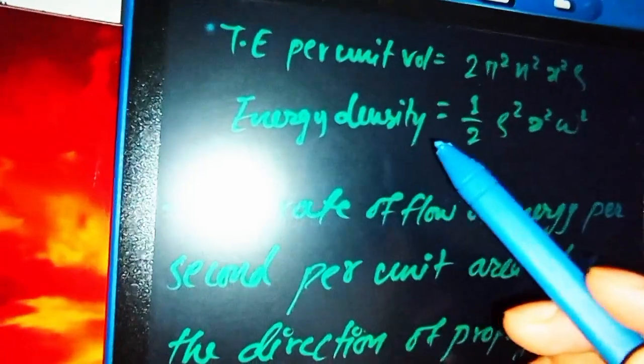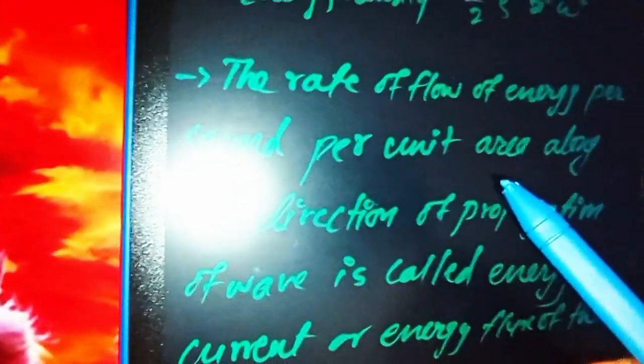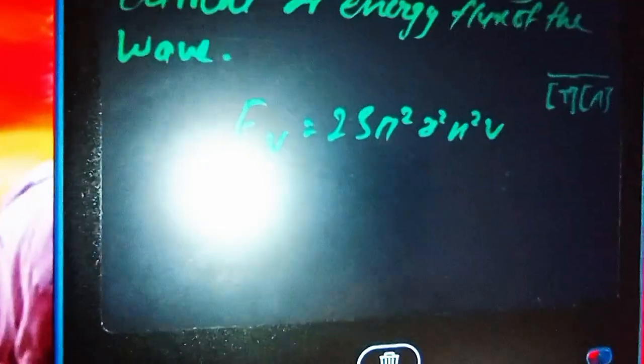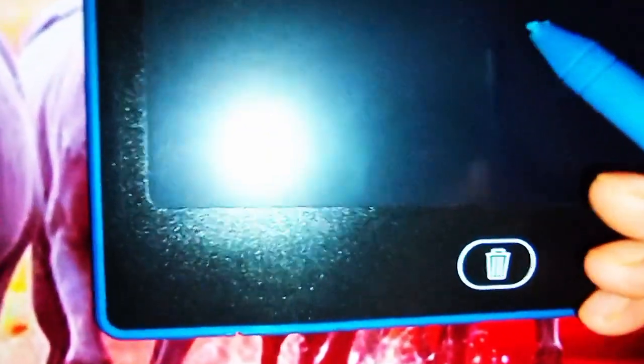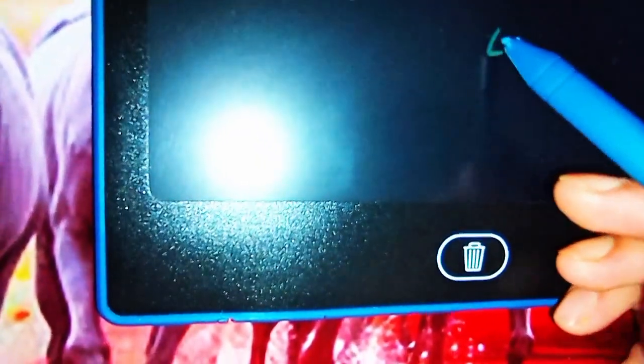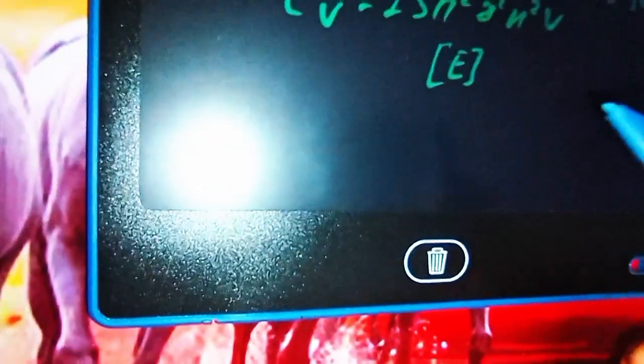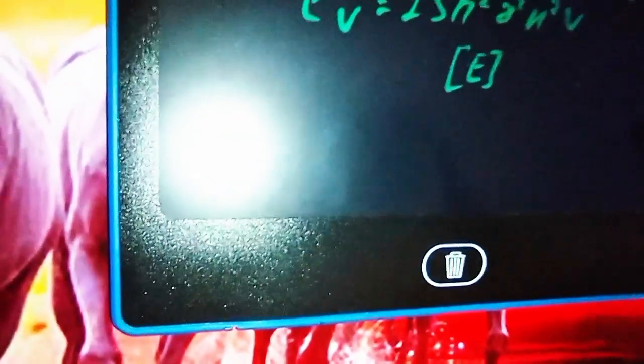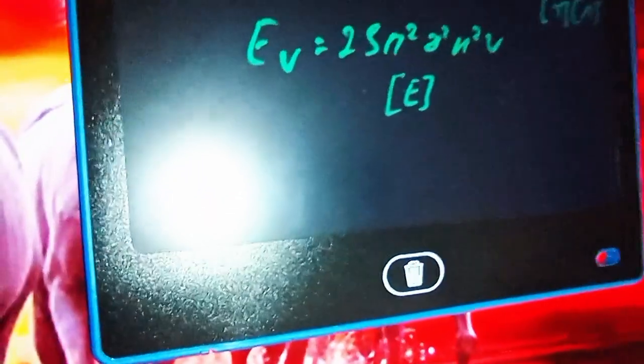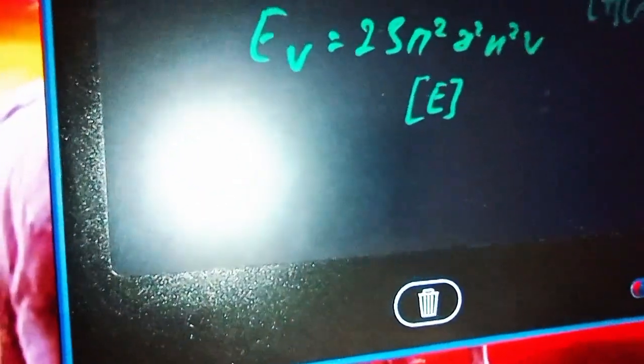Energy in dimensions will be M L square T to the power minus 2.